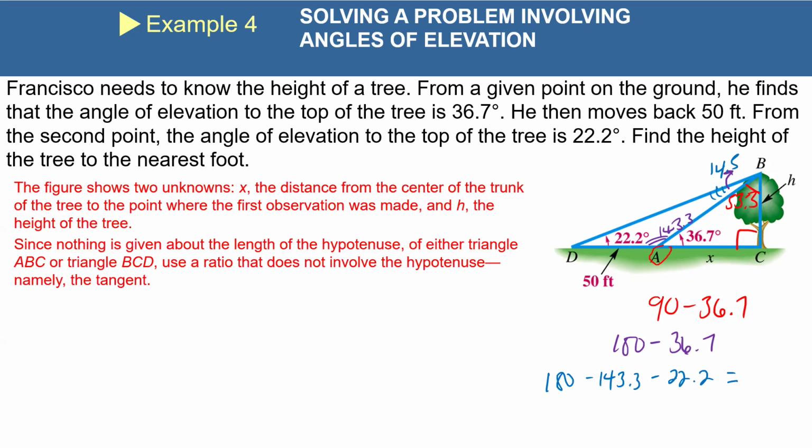I can do adjacent over opposite. That's tangent. So I know that the tan of the two have to equal something, right? Okay. So keeping that in mind, we know that the tan, can I call this angle A? Okay. So the tan of A of 36.7 equals my opposite, which is H over X.